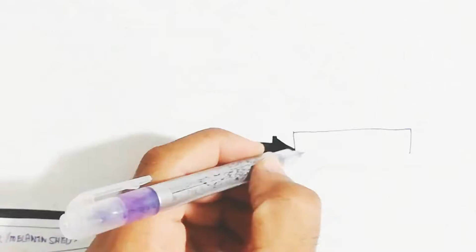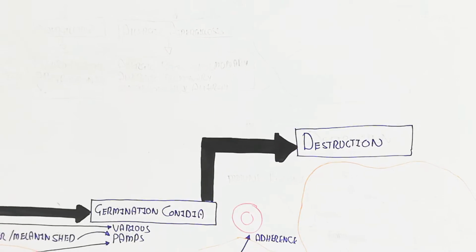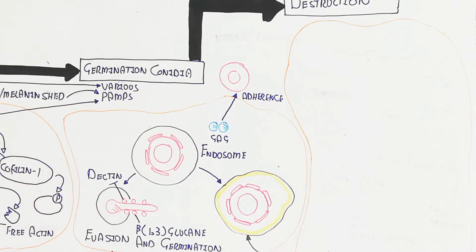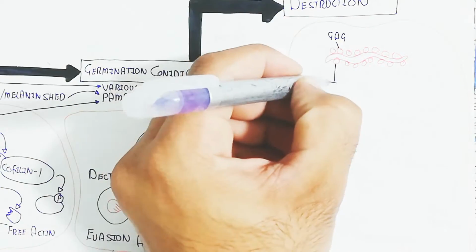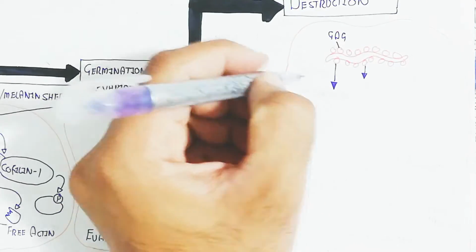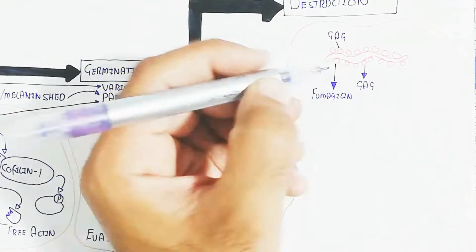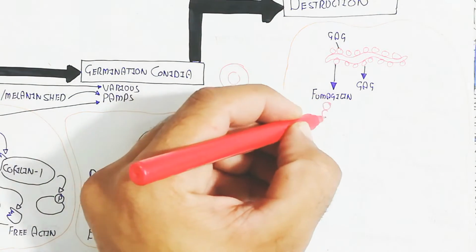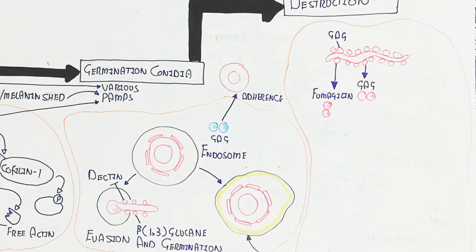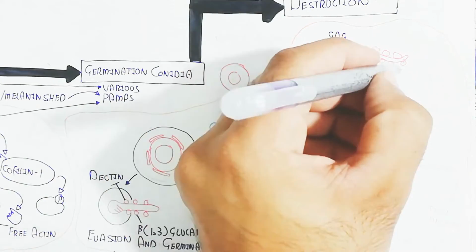So remember these things. Anyhow, destruction of the epithelium will occur after the germination of conidia. The glycosaminoglycan will trigger fumagillin, and fumagillin and proteases are secreted, which will lead to tissue degradation.